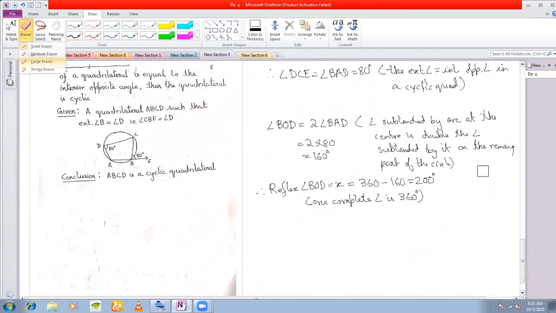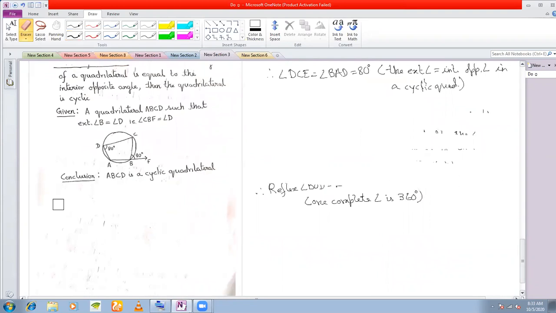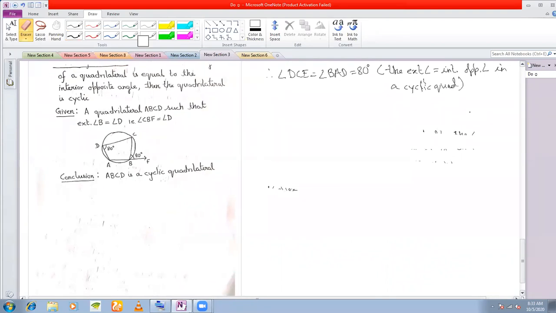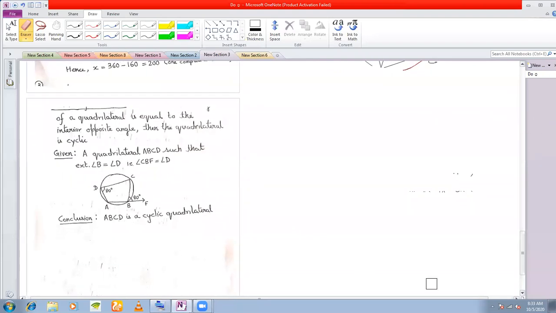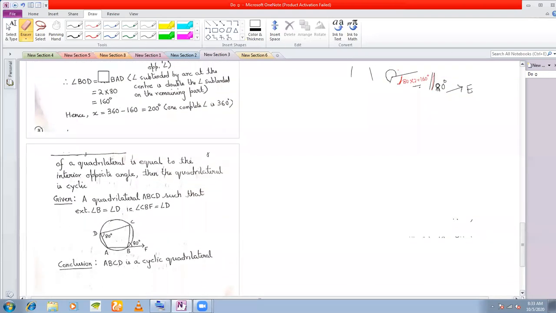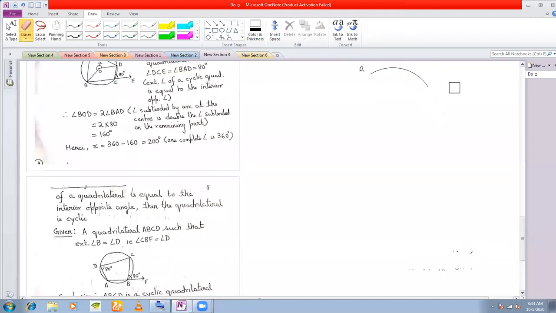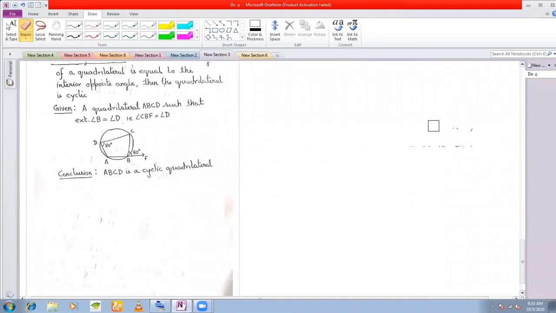The converse of this states that if any quadrilateral is given to you in which the exterior angle is equal to its interior opposite angle, then we can say that the quadrilateral is a cyclic quadrilateral.